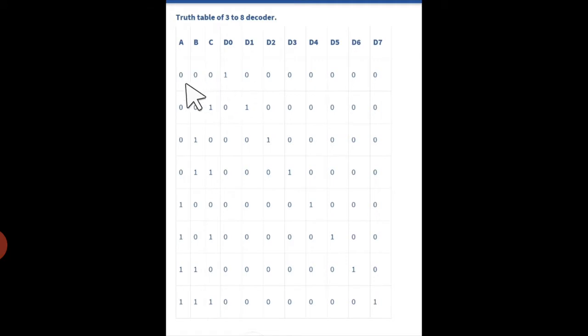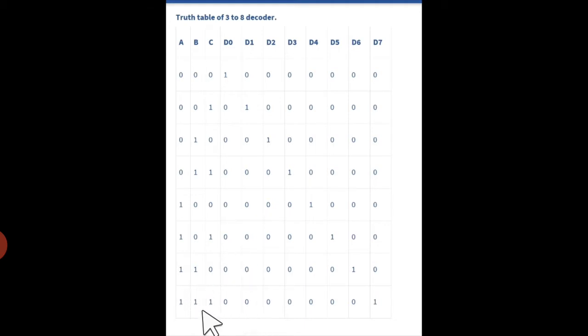So here when the input combination is 0 0 0, D0 has the value high or 1. When the input combination is 0 0 1, you can see that D1 has the value 1 or high. Why? Because 0 0 0 represents 0, 0 0 1 represents 1, 0 1 0 represents 2, 0 1 1 represents 3. So you can see other combinations as well.